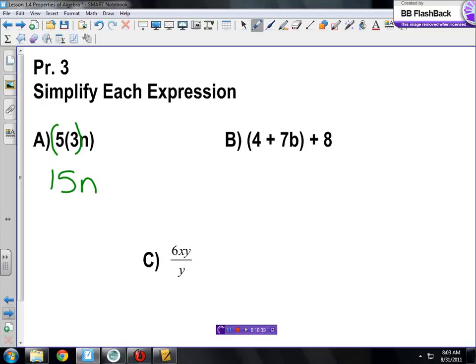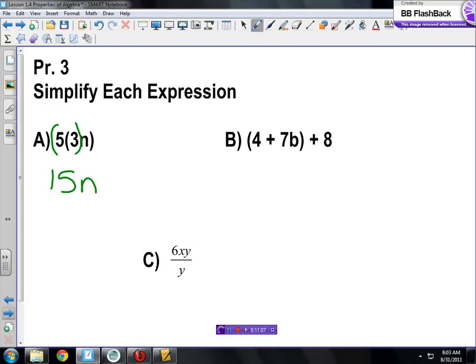All right, part B over here, we have addition, 4 plus 7b plus 8. Now, we talked about order of operations, and we said that we needed to do the parentheses first, right? Is there anything we can do inside those parentheses? No, there's nothing more that we can do to that. But we also know, what about addition? Does it matter which order you add in?